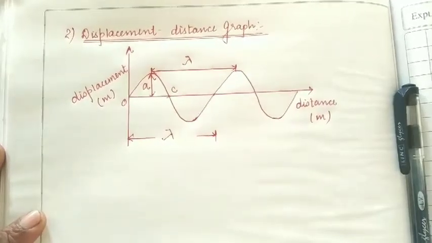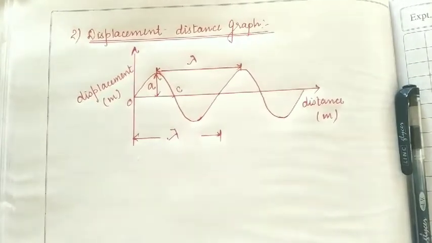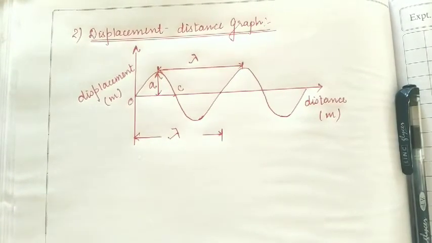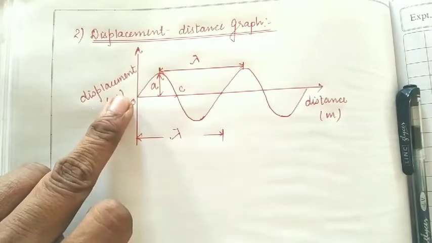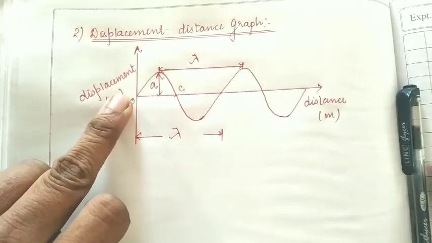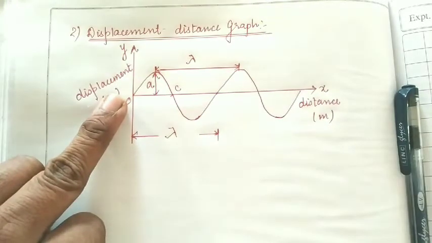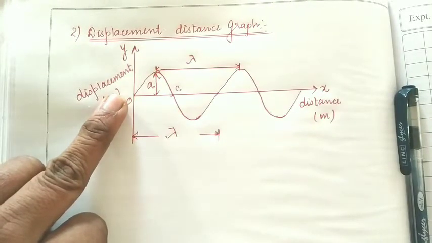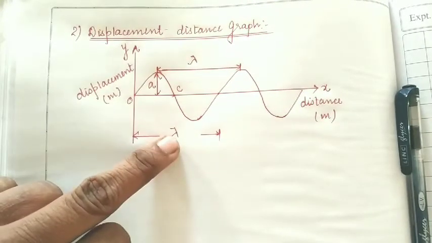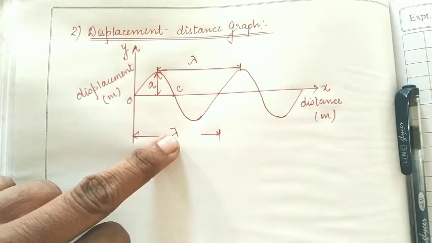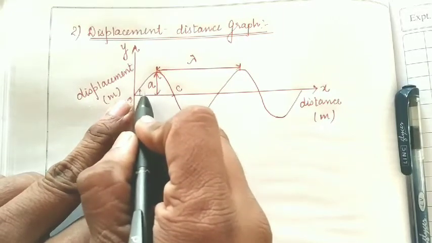Students, as I have drawn here the displacement distance graph, how can we understand the representation of a wave with the help of a graph? The y-axis shows the displacement and the x-axis shows the distance covered by the wave. Here you can see the variation of the displacement of the particles of the medium at different positions with distance. As we increase the distance, the particle has different vibrations.